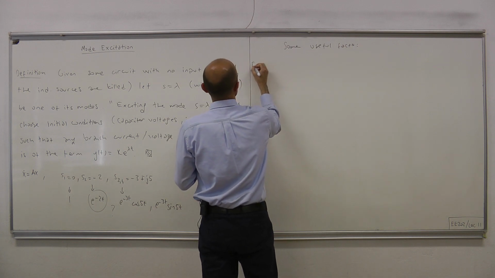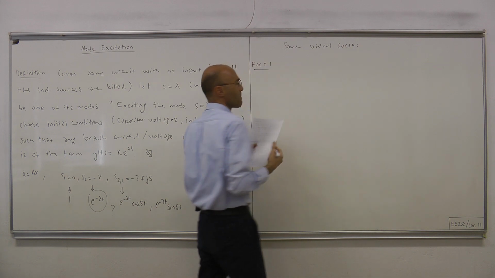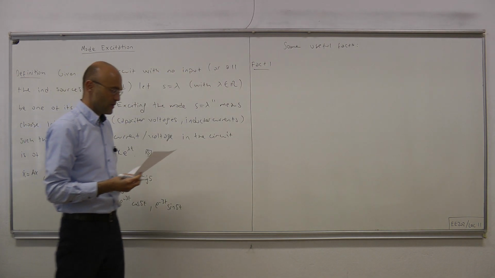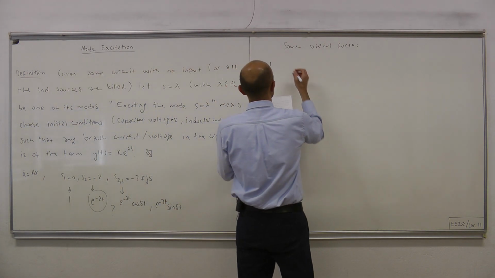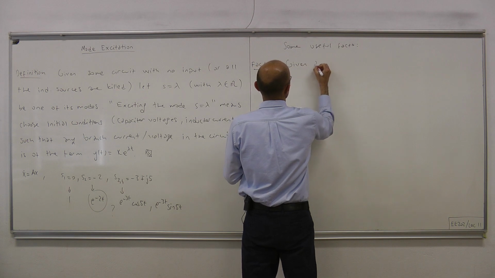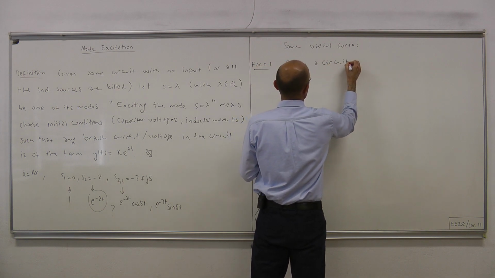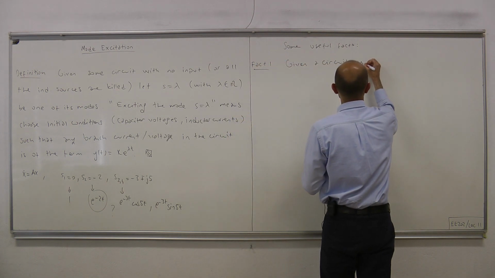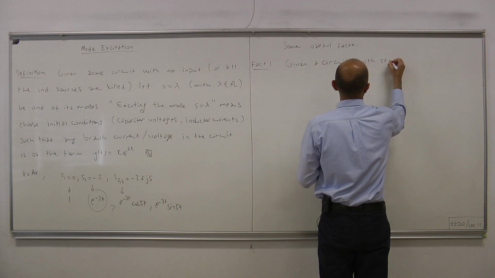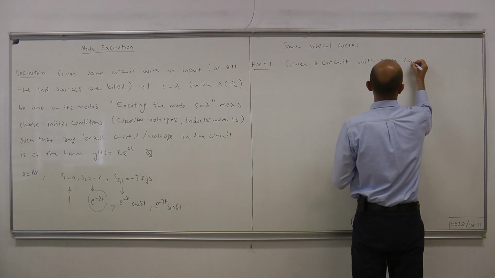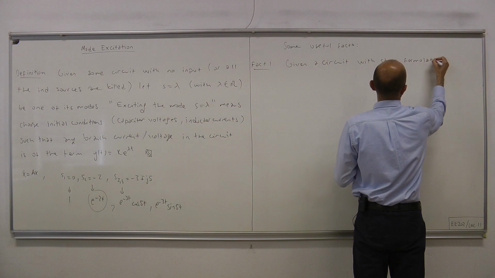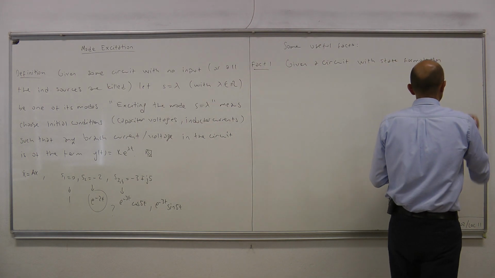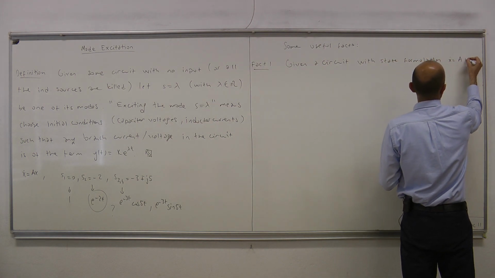Okay. This is one of the observations that we will use. Given a circuit with state formulation, x dot equals Ax.